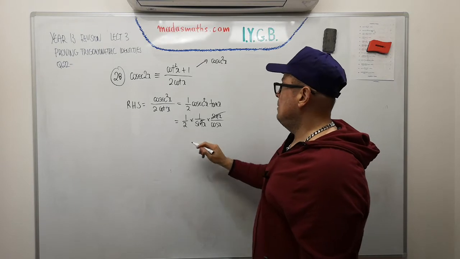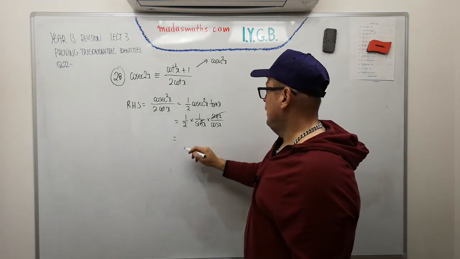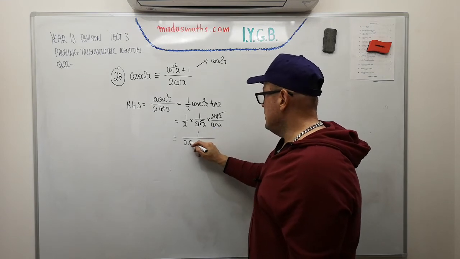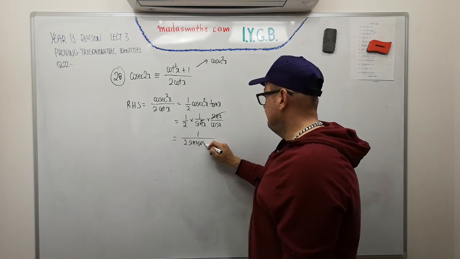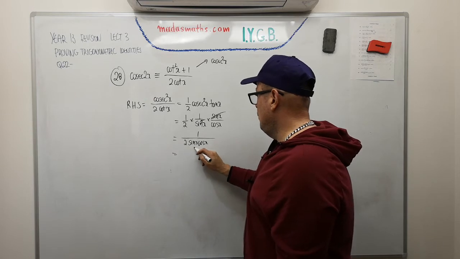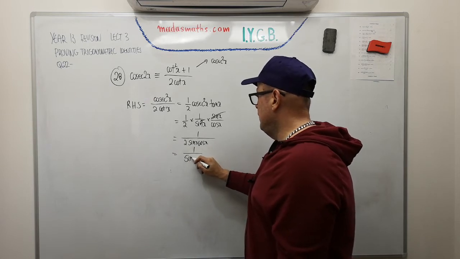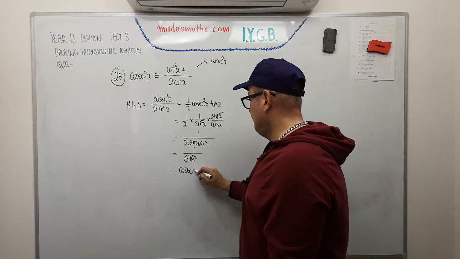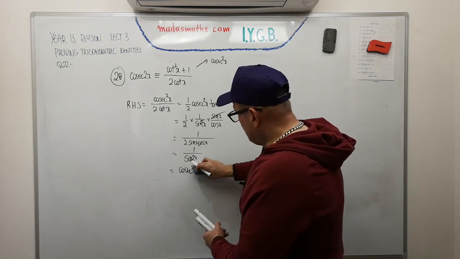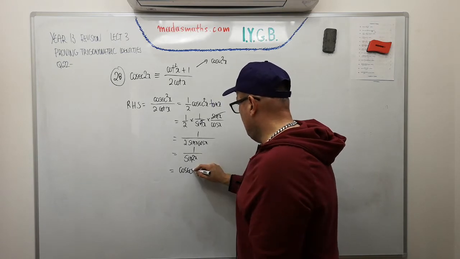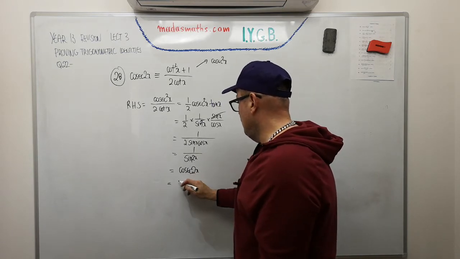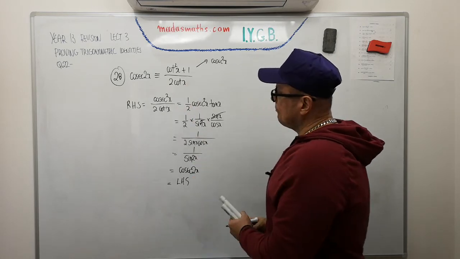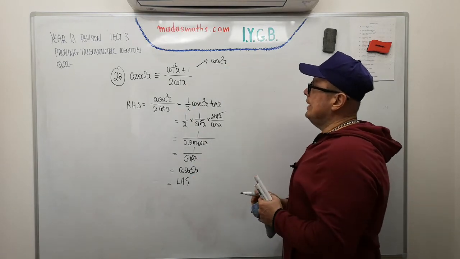Of course it is, because this is 1 on the top, 2 sine x cos x, which of course is 1 over the sine of 2x, which is equal to the cosec, not cosec squared, cosec of 2x, which is equal to the left hand side, because we started from the right. So that's if we spotted that it's an identity.